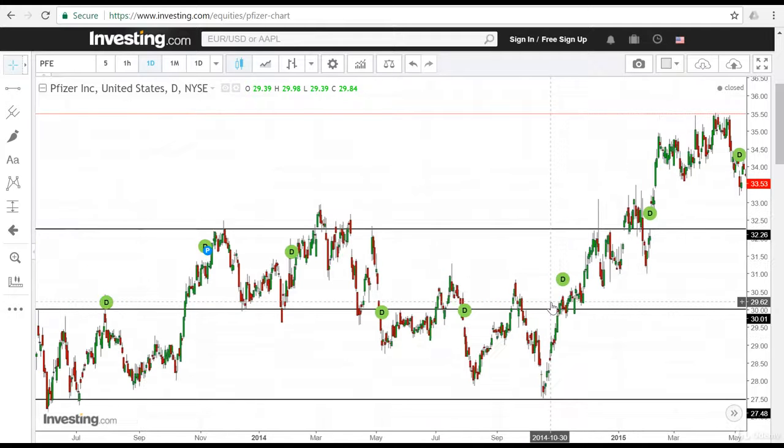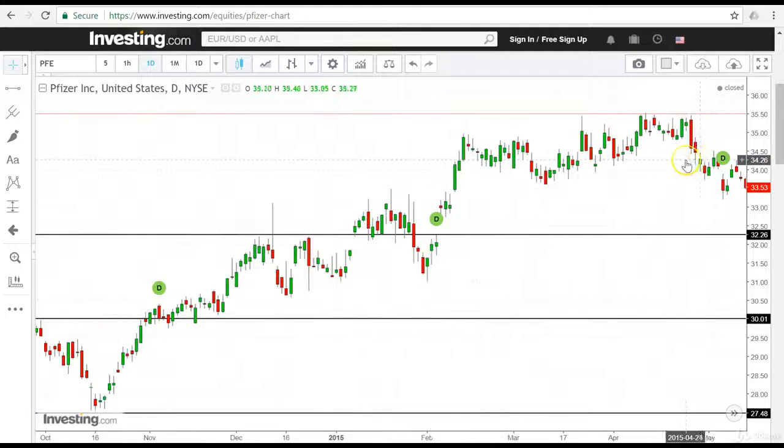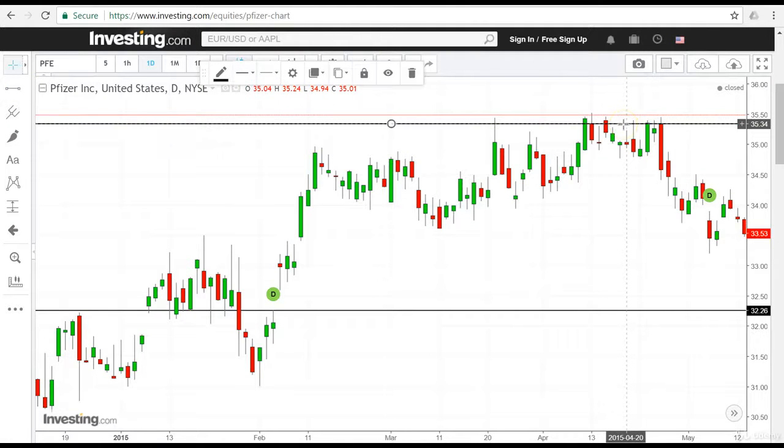So what do we see here? Prices shooting all the way up and trying to fall from this region. So we have a resistance at this level. Let's draw that.